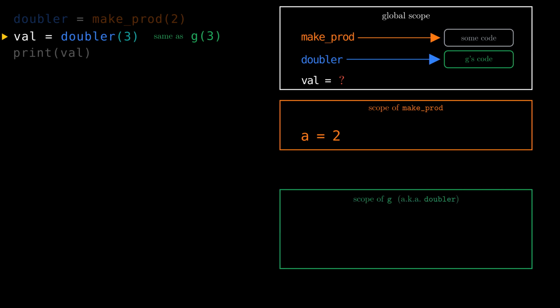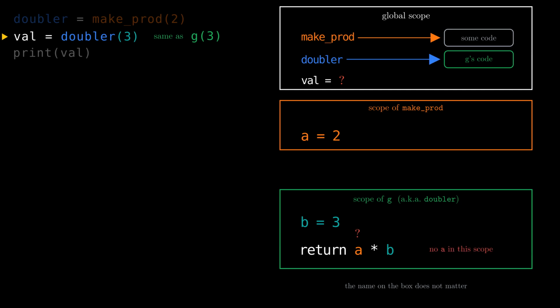It is a function call, so we create another environment. Call it the scope of g or of doubler. The name on the box does not matter. One formal parameter, b, holding 3. The body says return a times b. b is 3 because you just called me with that value. But what is a?